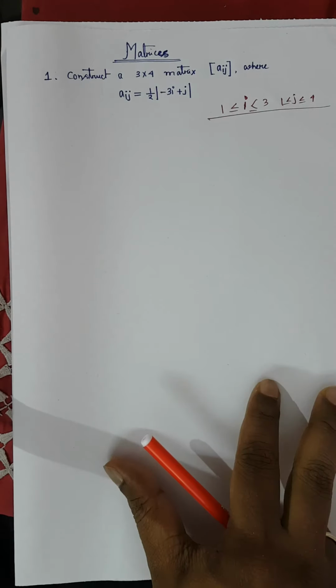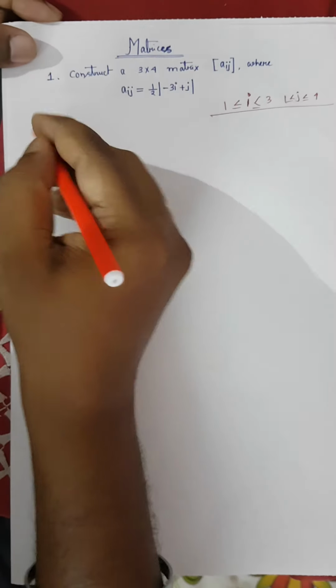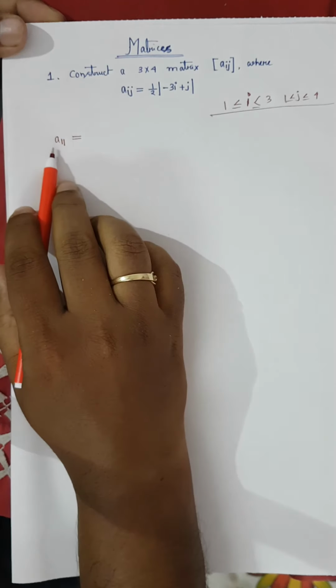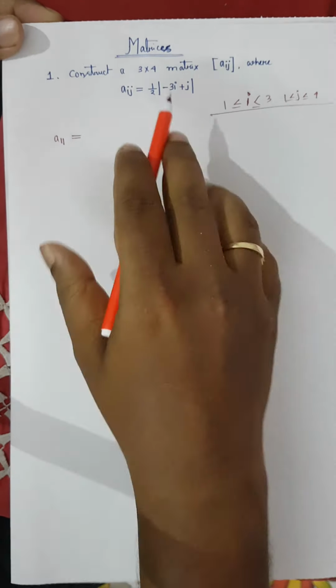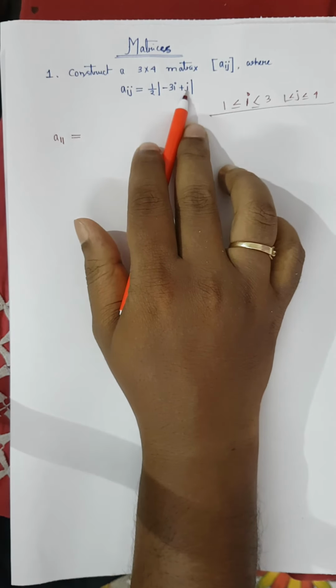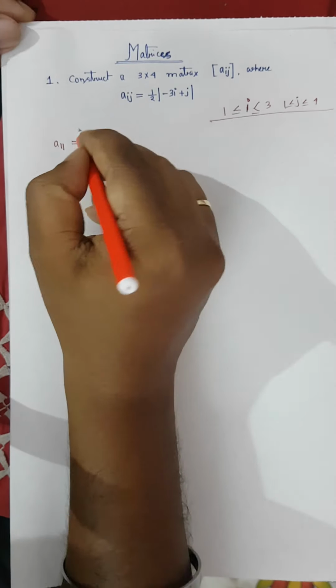So we need to find out the value of a11, a12, a13, a14, etc. So first find out a11. So i is equal to 1 and j is equal to 1. Put i equal to 1, minus 3 plus 1, this is minus 2, mod is plus 2, divided by 2, it is equal to 1.